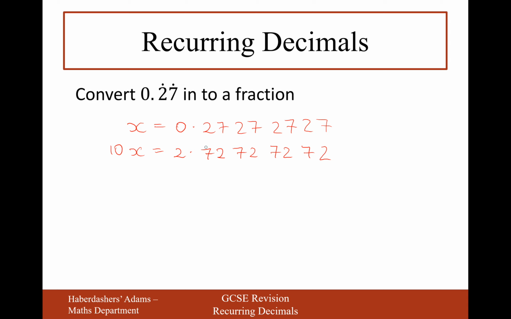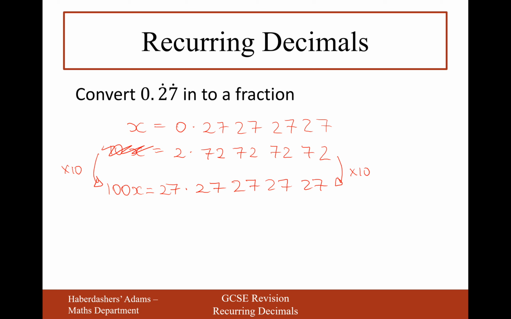This 2 will move into this position here, where this 2 is. This 7 will move into the 2 position where that 7 is. So that's what I'm going to do. I'm going to multiply by another 10 on both sides. So it's now going to be 100x equals 27.27272727.